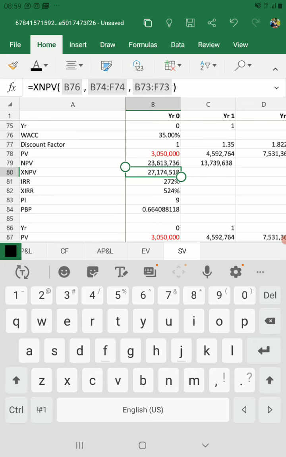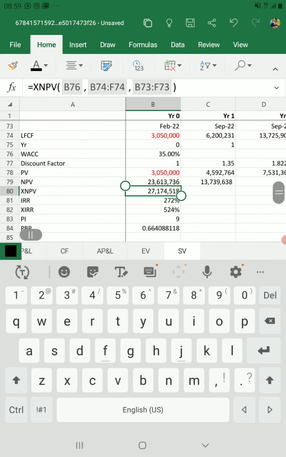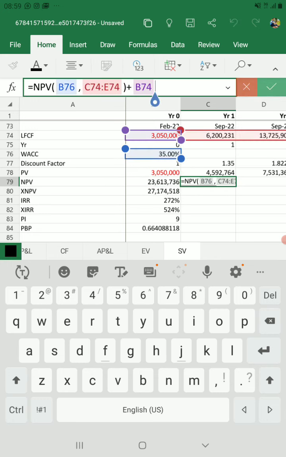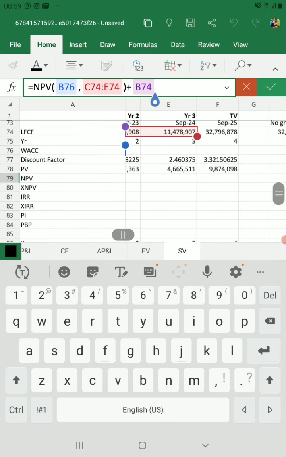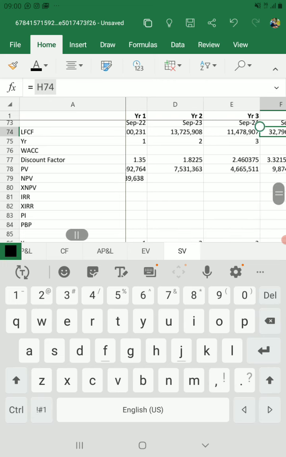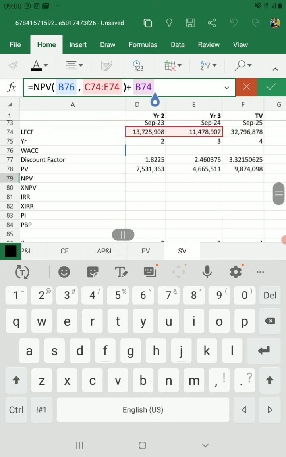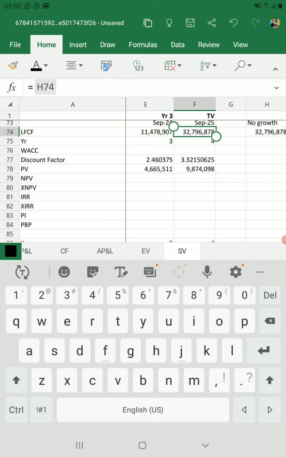Here we had a formula for NPV using the inbuilt function, which is different from the manual one because we need to add the terminal value. So I need to drag this to include the terminal value also. Oh, it does not agree.